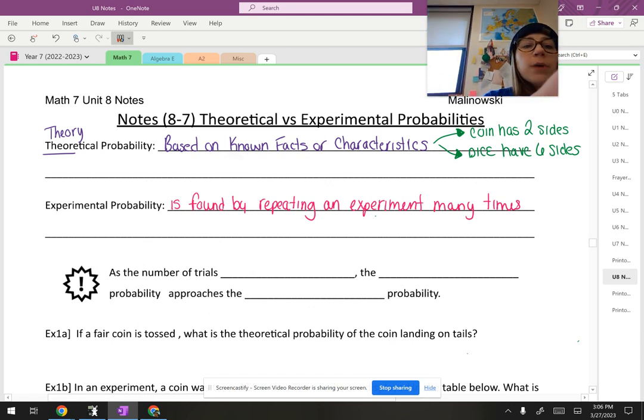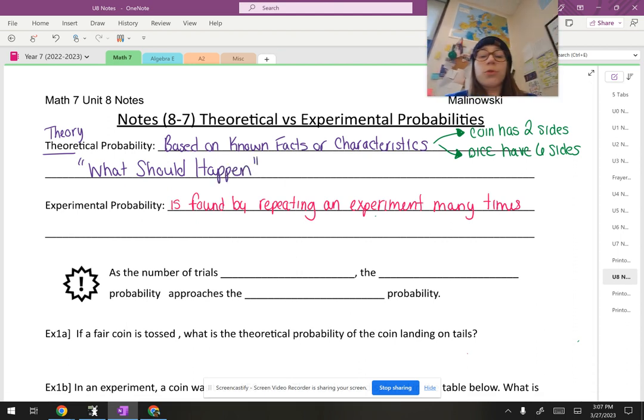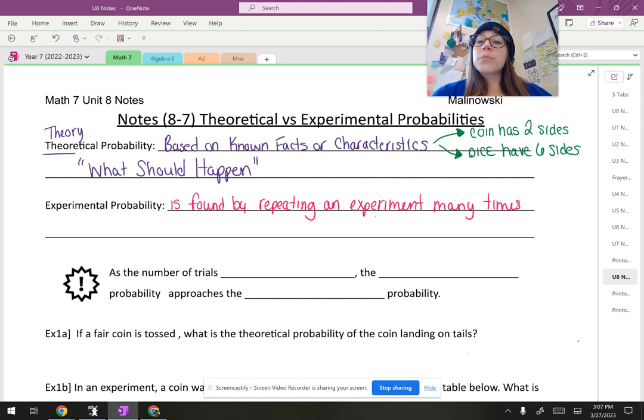So theoretical probability is what should happen. In theory, if I were to take a number cube and roll it six times, I should be getting a 1, a 2, a 3, a 4, a 5, and a 6. Maybe not in that order, but in theory, I should be getting one of each side.